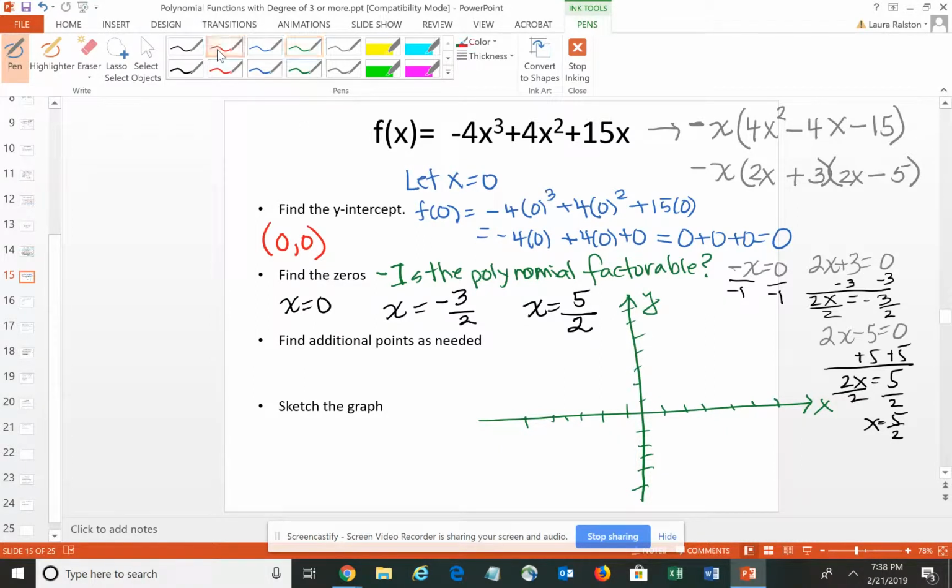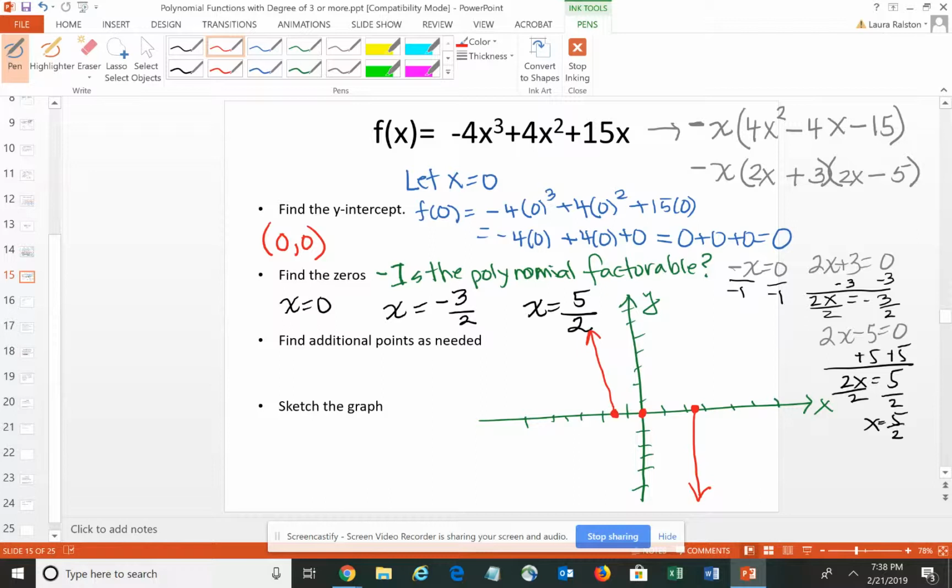We know that our y-intercept is (0, 0). We also know that we have a 0 at 0. We have a 0 at negative 3 halves. And we have a 0 at positive 2 1/2. We also know that eventually over here on the left, it's going to go up. And we know eventually on the right, it's going to go down because of the leading coefficient test.